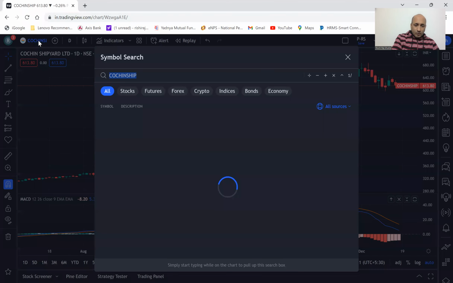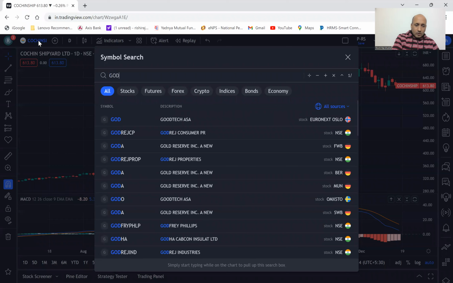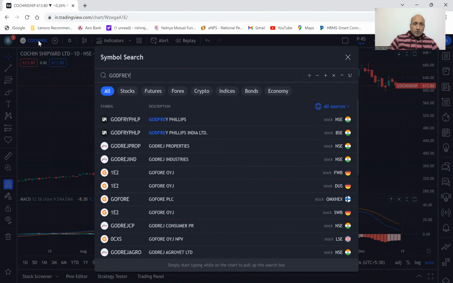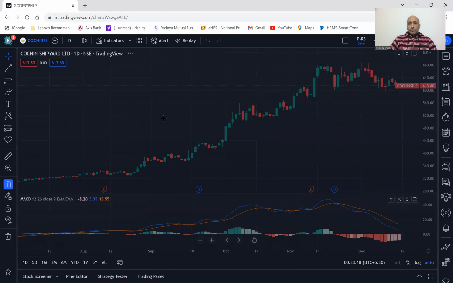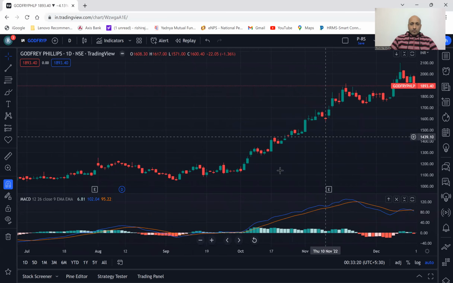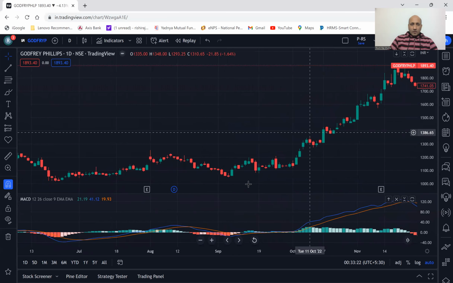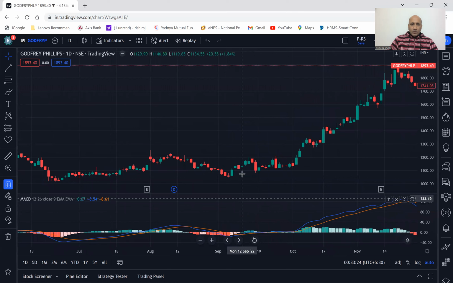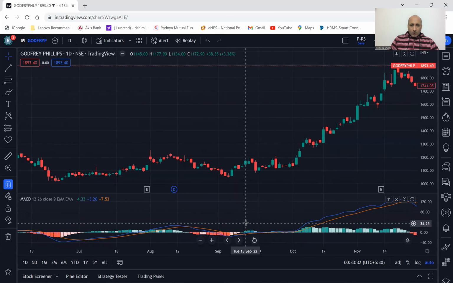Let us see God flips. Here also we can see from this point a positive histogram started to occur, and at the same time this blue line crosses the red line and comes upward.